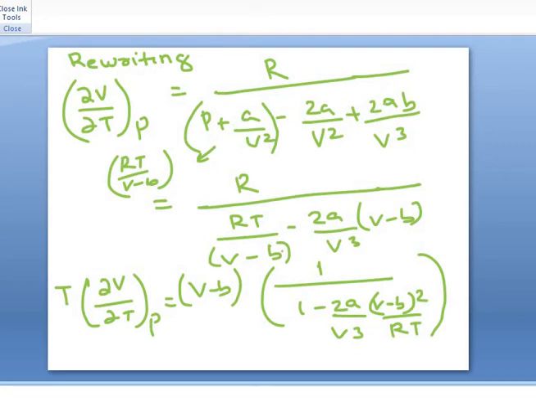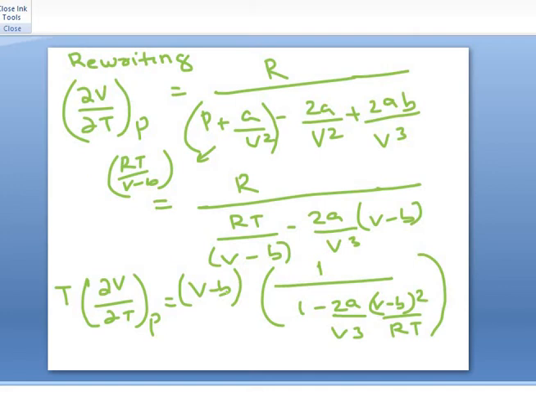So this will be RT by V minus B minus 2A by V square, V cube, V minus B. Because when you multiply, this will take it common, then you will get minus minus, this is plus. So this arrangement you will get in this form. Now you are having a V minus B, that is a real gas coefficient also. Now multiply T, take, rearrange this term in this form.